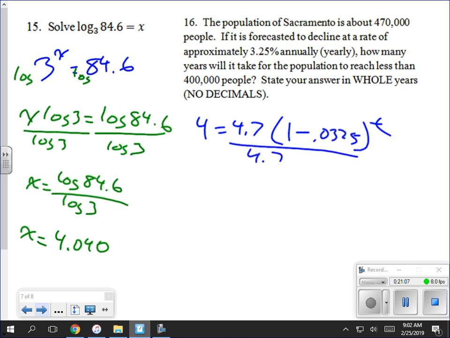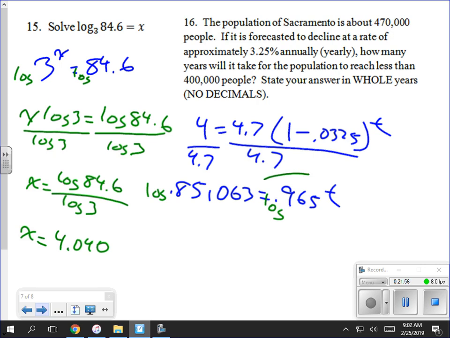Divide both sides by 4.7, and you get 0.851063 blah blah blah equals 0.9675 to the t. Take the log of both sides.